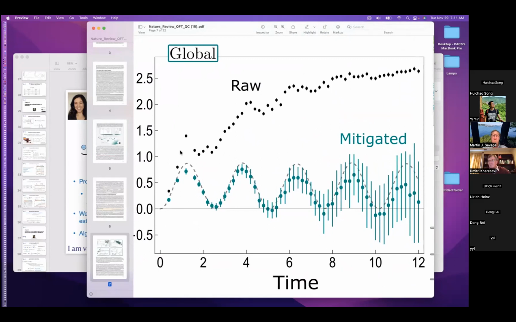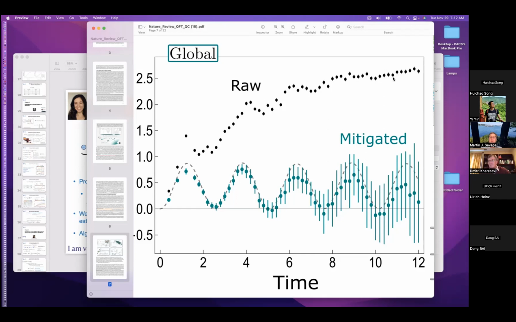The raw data that comes off the device that's unmitigated for decoherence is these black points. And when you run the mitigation circuit and do this rescaling, then in fact you find these blue points. Each of these is one trotter step. If you look at these black points, it's very difficult to see that you have a signal in here.